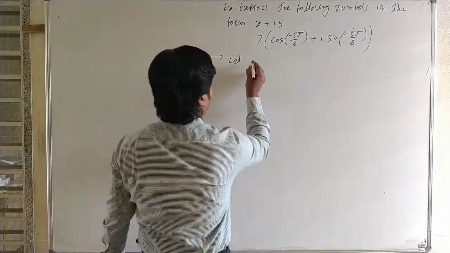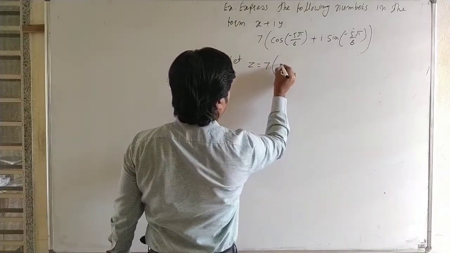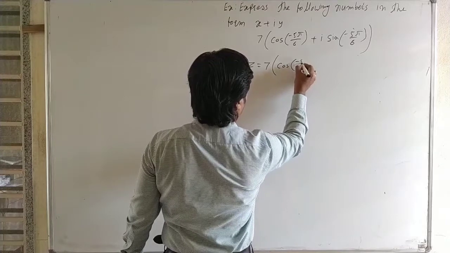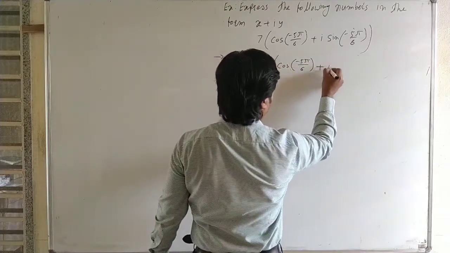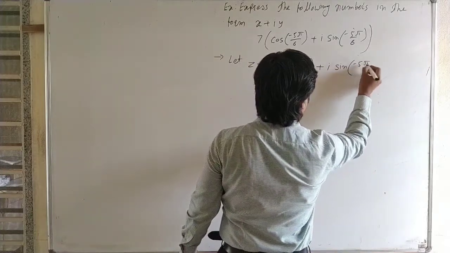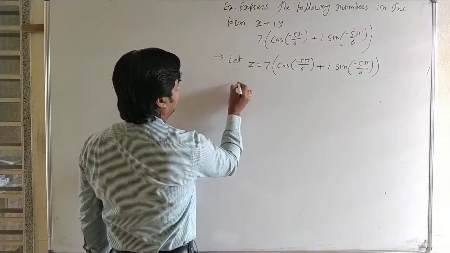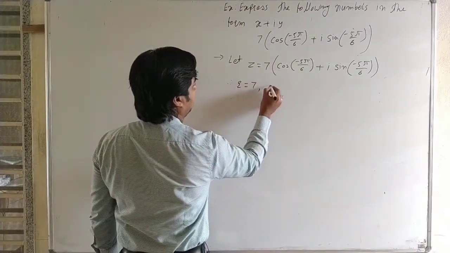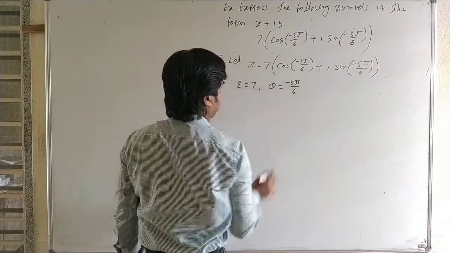Okay, now it is z equal to 7 into cos minus 5 pi by 6 plus i into sin minus 5 pi by 6. Therefore here r is equal to 7 and theta is equal to minus 5 pi by 6.